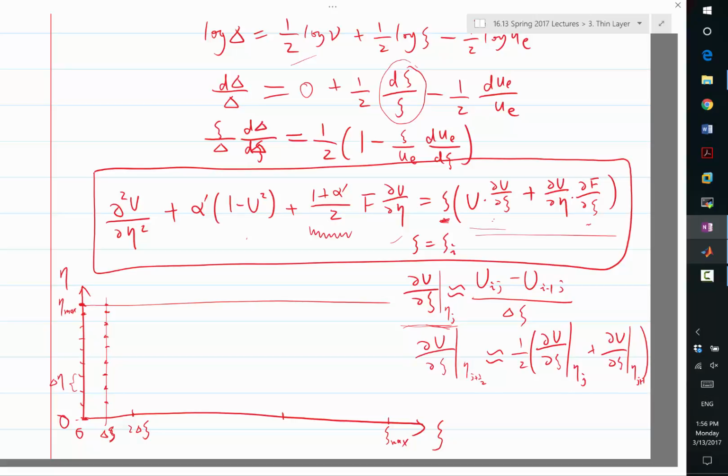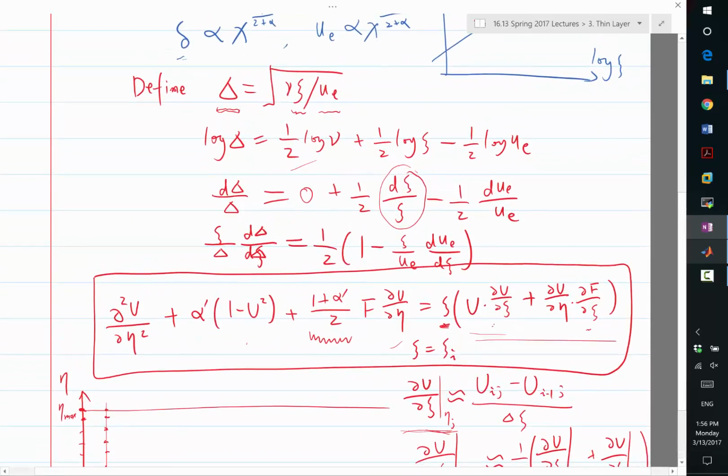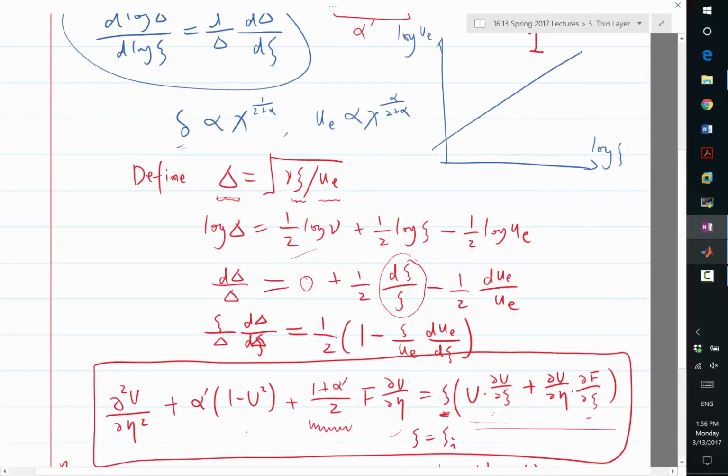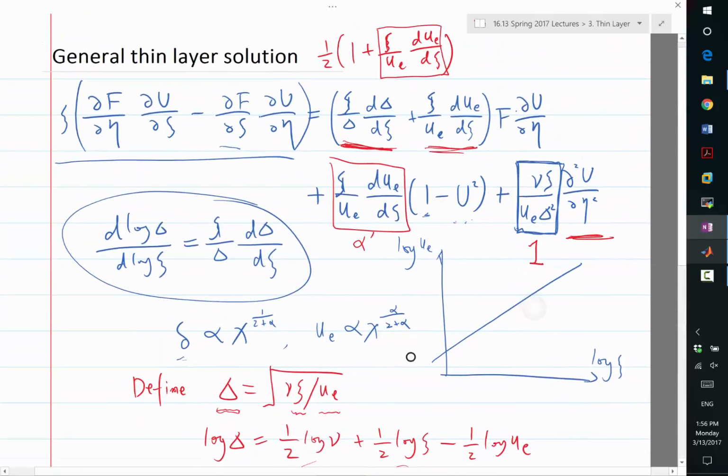As a matter of fact, other people derived the Faulkner-Skan equation through what we just did. In that case, you have to somehow argue that for similarity solutions, what we have here are constants.